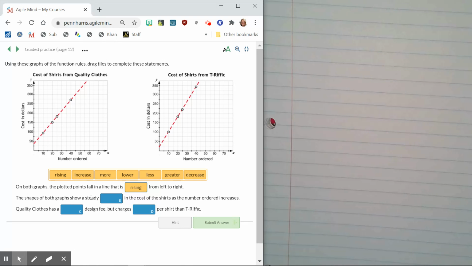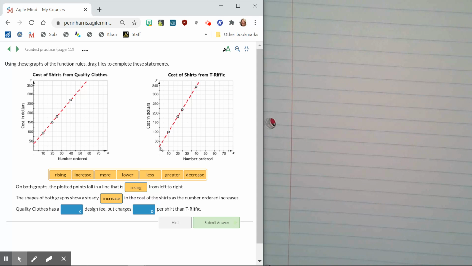Quality Clothes, if we look at Quality Clothes here, they have a higher design fee, or we'll call it a greater design fee. And I can tell because right here it shows me the starting point. If I order 0 shirts, my design fee is like $40. Over here, if I order 0 shirts, my design fee is less.